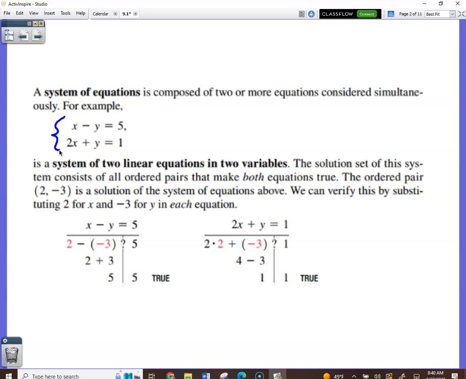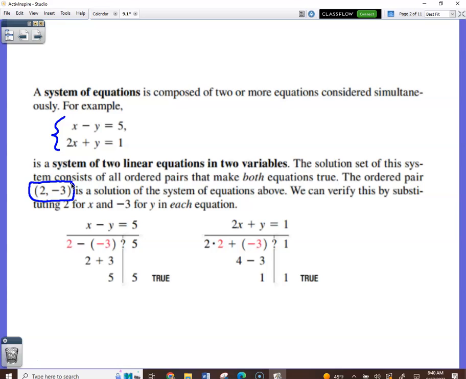The idea behind solving a system of equations is you're trying to find where the one point is that satisfies both equations. For instance, if you look here, the solution to this example is 2, -3.